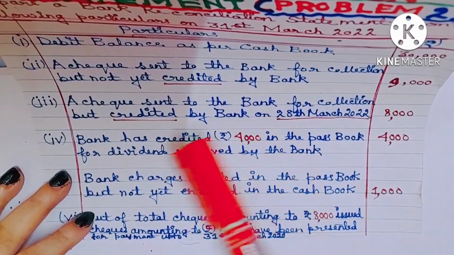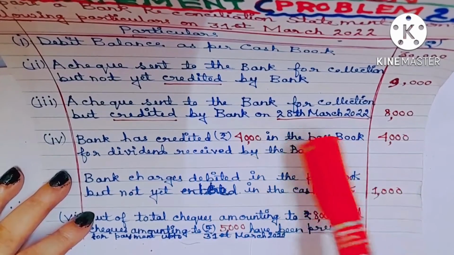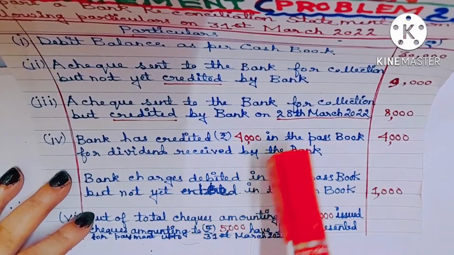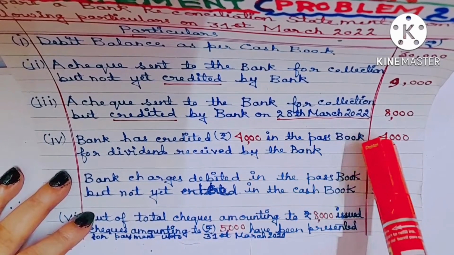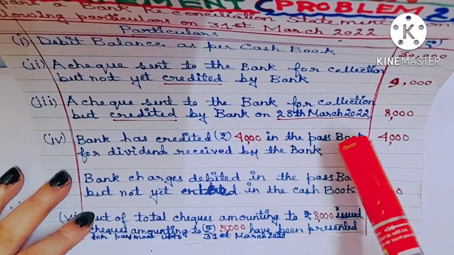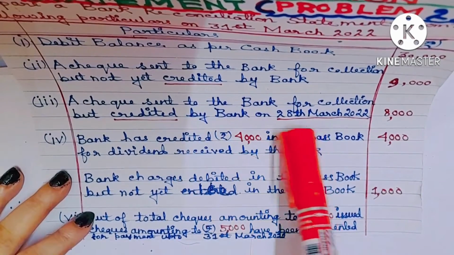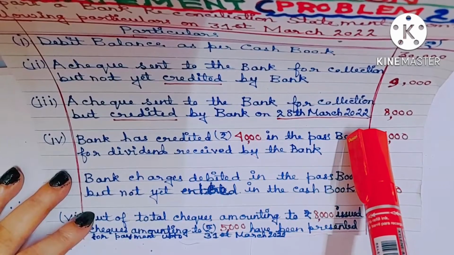Since the check has been credited by the bank on 20th March 2022, remember I told you to ignore this transaction. We don't have to add or deduct this transaction. Neither do we have to add rupees 8,000 nor deduct rupees 8,000, since the check has been credited by the bank on 20th March 2022.